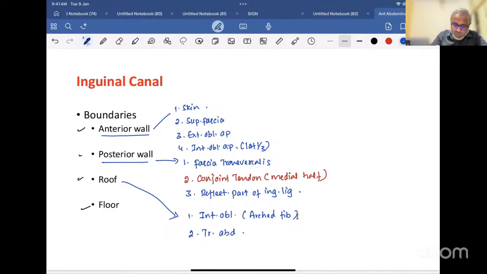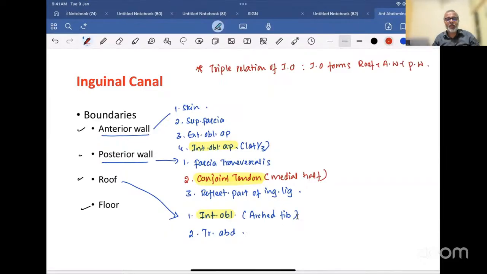At this point, one thing that we need to highlight: the internal oblique forms the anterior wall, it forms the roof, it also forms the posterior wall. Why is this important? Remember, once you have written about the roof, in one line, add a point stating the triple relation of internal oblique, where you will write that internal oblique forms the roof plus anterior wall plus posterior wall, right?